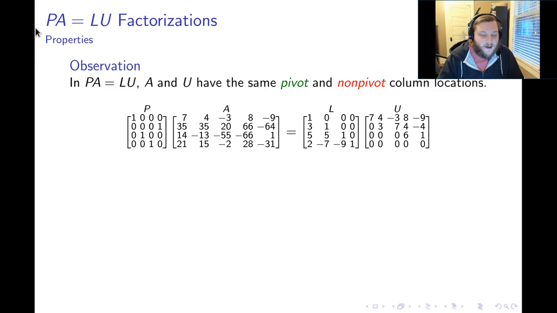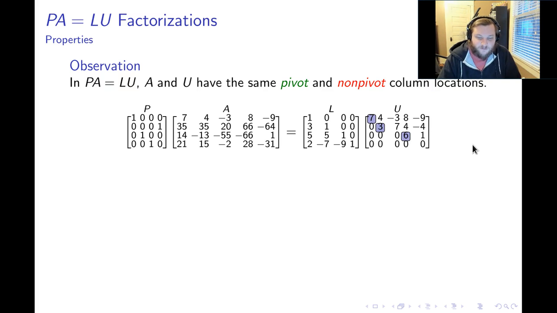So if we're dealing with PA equals LU, it turns out that A and U have the same pivot and non-pivot column locations. In our equation here, we have a 4x4 permutation matrix multiplied by a 4x5 A. And this equals a lower triangular 4x4 multiplied by a 4x5 row echelon form matrix.